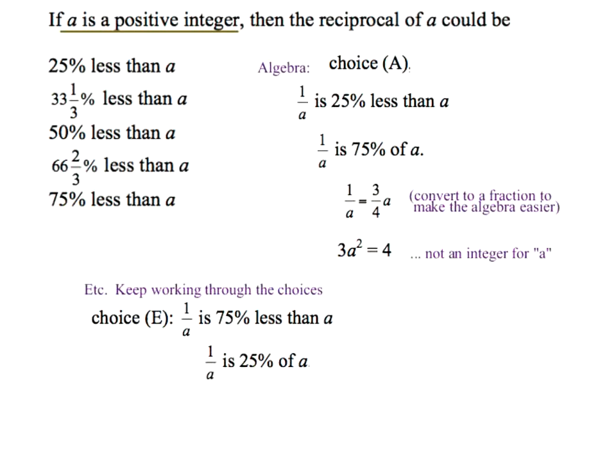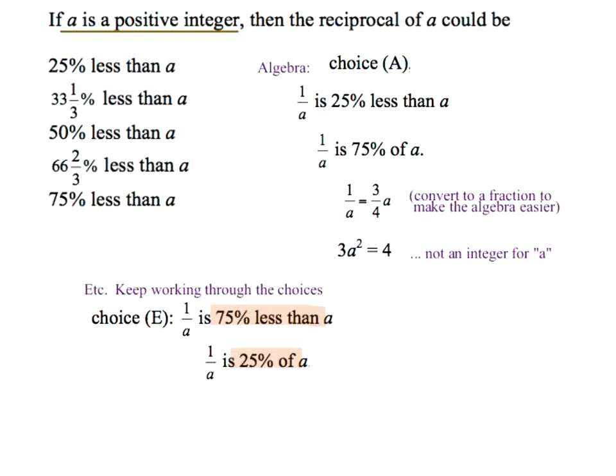Make sure you can make these connections too. Make sure you know that this is the same as that. 75% less than something is the same as 25% of the something.